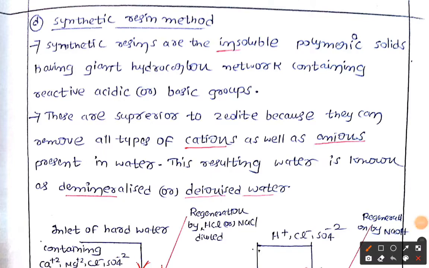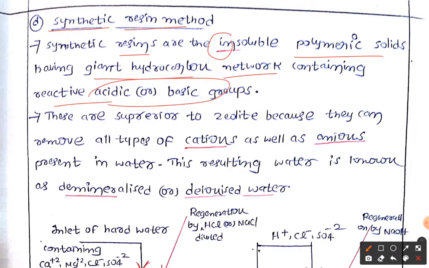Next, another method for removal of permanent hardness of water, the fourth one, is the synthetic resin method. Before that we should know what resins are. Resins are insoluble polymeric solids having a giant hydrocarbon network containing reactive acidic and basic groups.